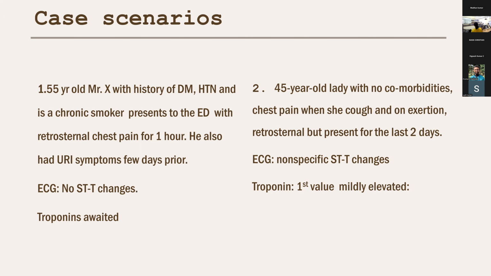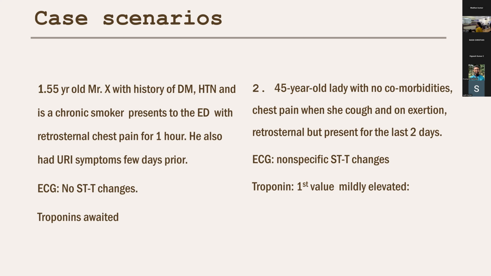So before we start, I have two case scenarios, which we will be coming back to in the end. But one is a 55-year-old gentleman with history of diabetes, hypertension, chronic smoker, presenting to the ED with retrosternal chest pain for 1 hour. But he also has some URI symptoms a few days prior. ECG, no ST-T changes. Troponin is awaited.